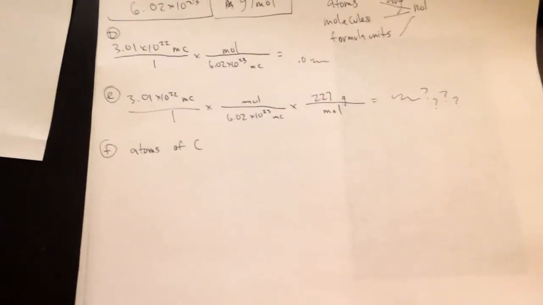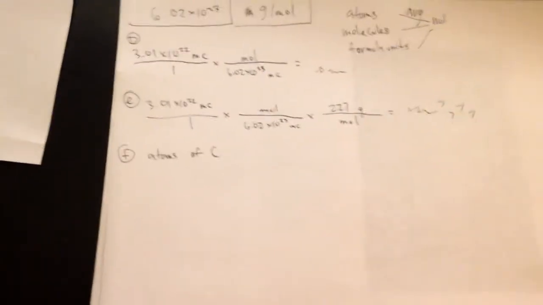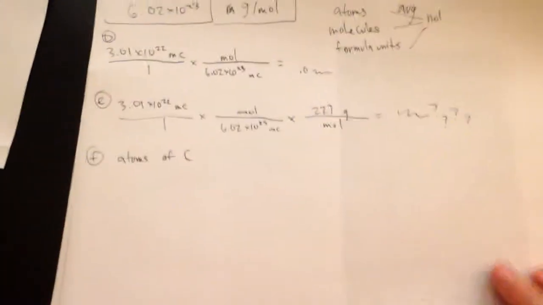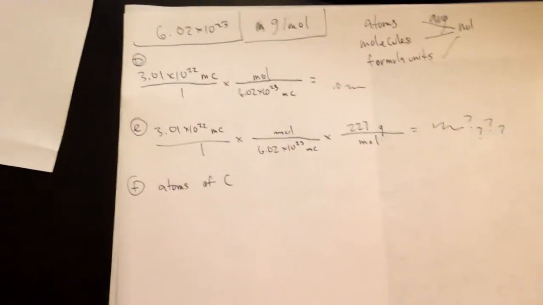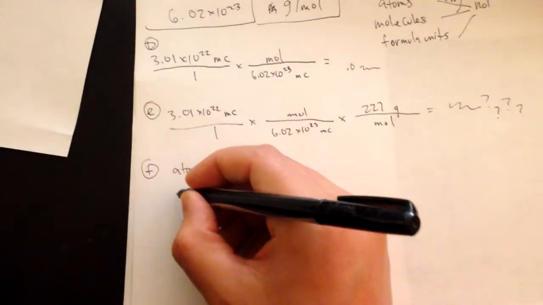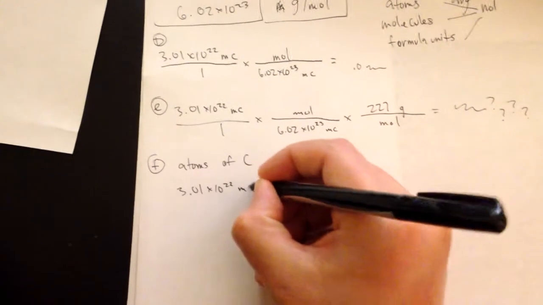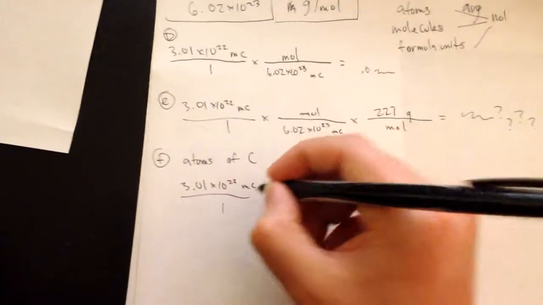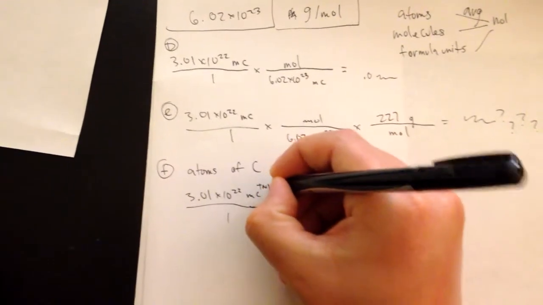You eat all of them. But you gotta single them out, and it's not that hard. It's just common sense. So check this out. We've got our 3.01 times 10 to the 22 molecules of TNT.